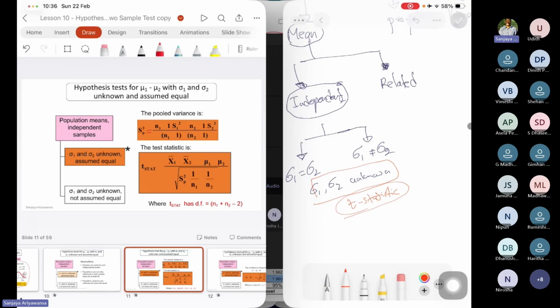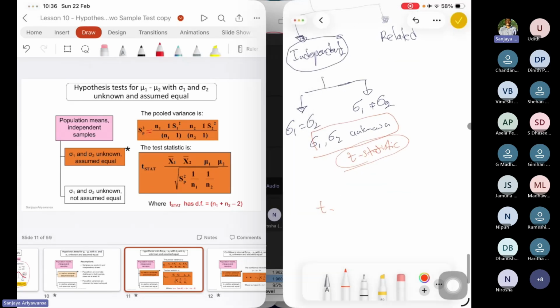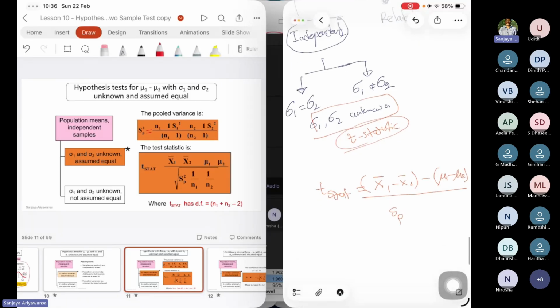Now, in the t-test statistic, the equation that we're using, check the right hand side of what I'm writing: x1 bar minus x2 bar minus mu1 minus mu2, divided by the square root of sp squared divided by n1 plus sp squared divided by n2.